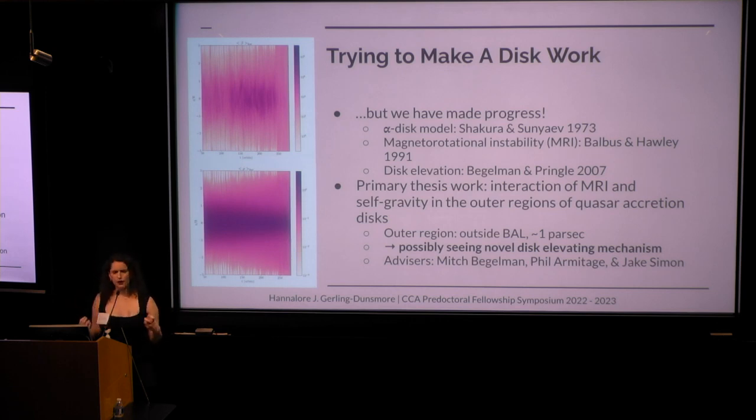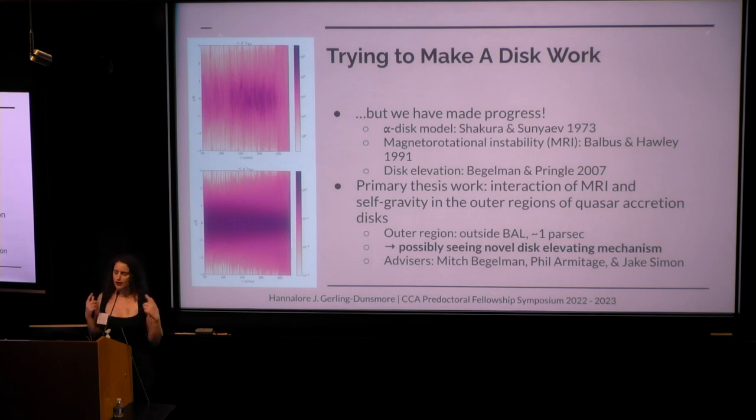In 1991, Balbus and Hawley showed that the magnetorotational instability can provide that effective viscosity. For those who aren't familiar, just a real quick explanation. You have a continuous medium differentially rotating. You send a magnetic field through it. Magnetic fields wiggle, and they get stretched apart. They get pulled together, and that can create, through various processes, angular momentum transport.